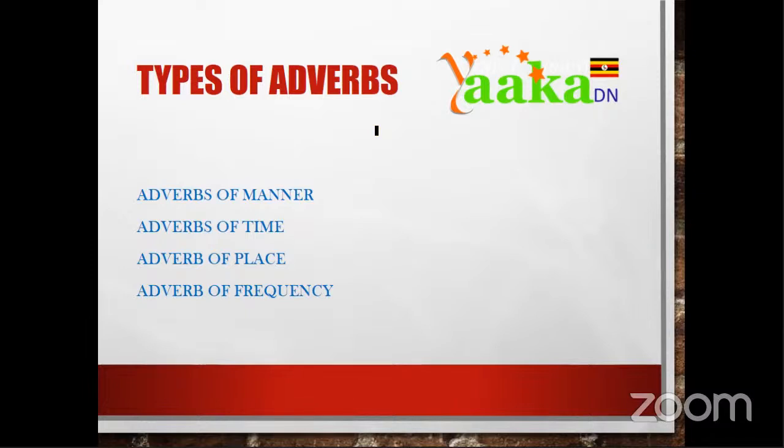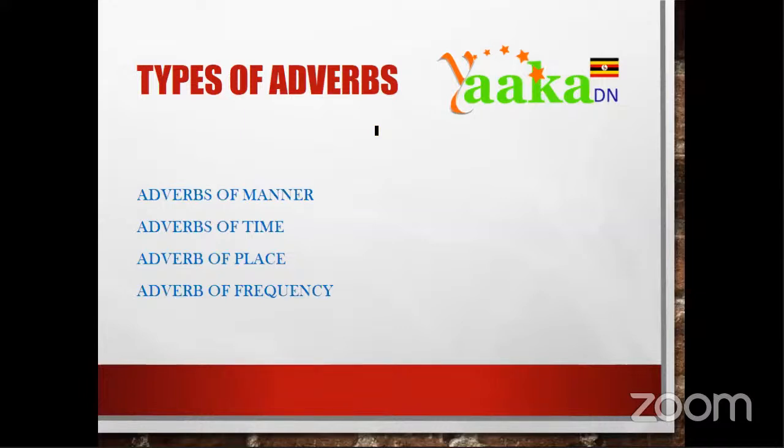Adverbs of manner are adverbs that tell us how something happens or happened. How something happened. That is the adverb of manner. That is correct. Do we have another? Any other person?